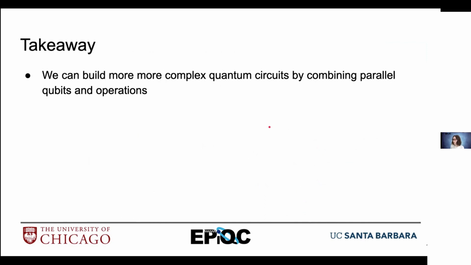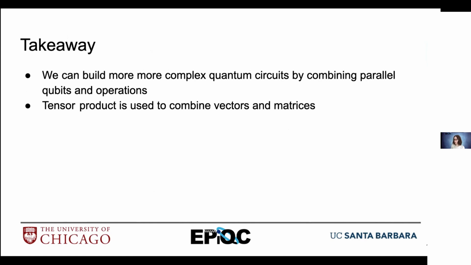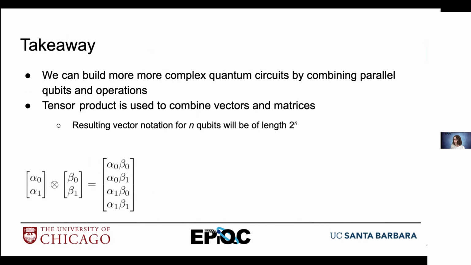So to take away, we can build more complex quantum circuits by combining gates in parallel. Just like we combine qubits, we can combine their operations as well. So we apply tensor product to combine vectors and matrices. And as some notes, the resulting vector notation for n qubits will be of length 2 to the n.